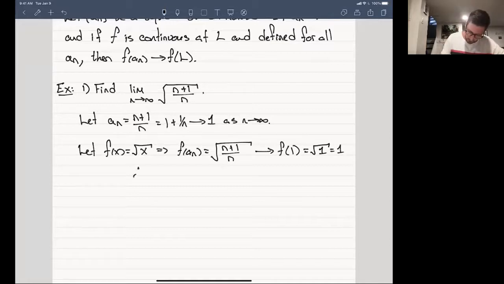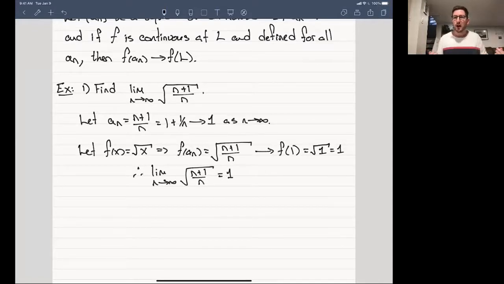So therefore, the limit as n goes to infinity of the square root of n plus 1 over n is equal to 1. So now we've worked in more complicated functions, right? We've got square root functions now that we probably weren't able to deal with using the previous two results that we were given.